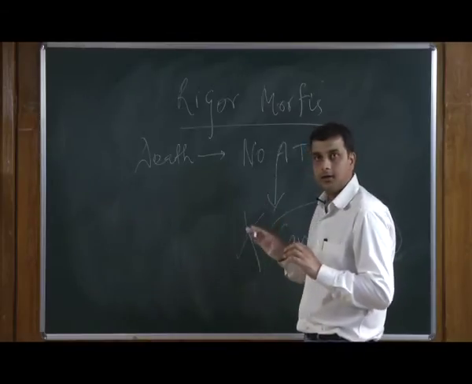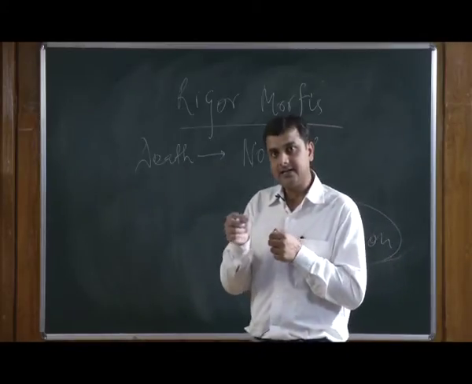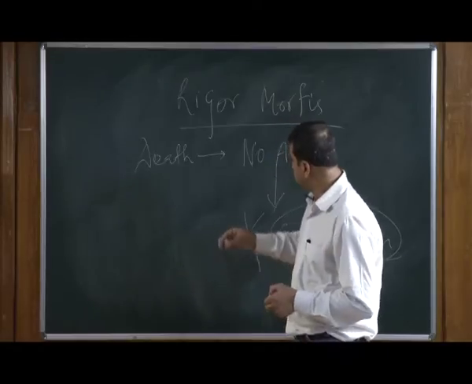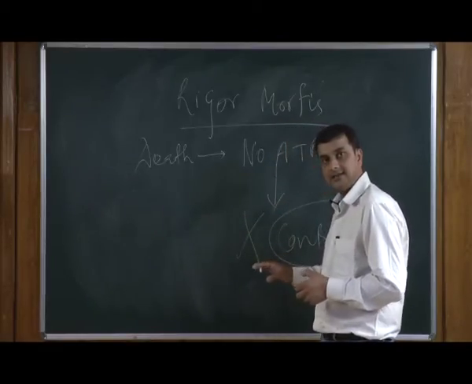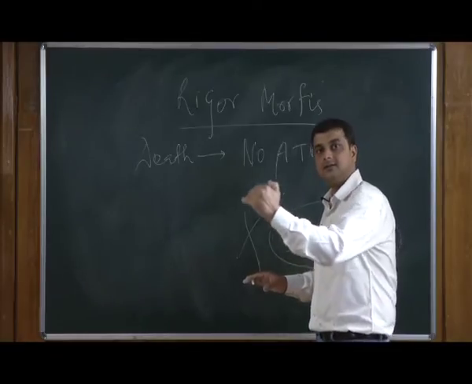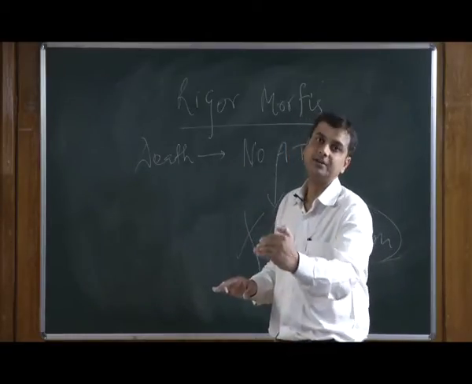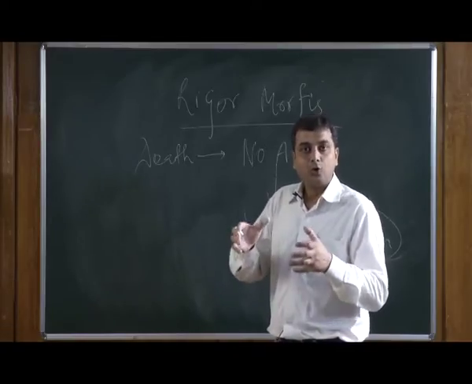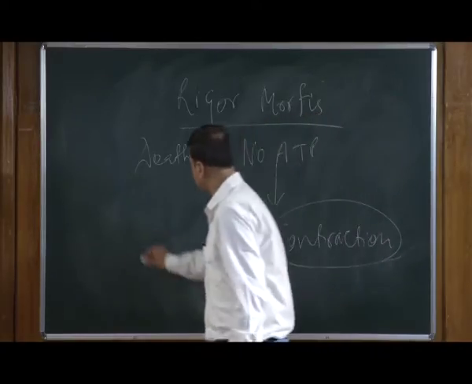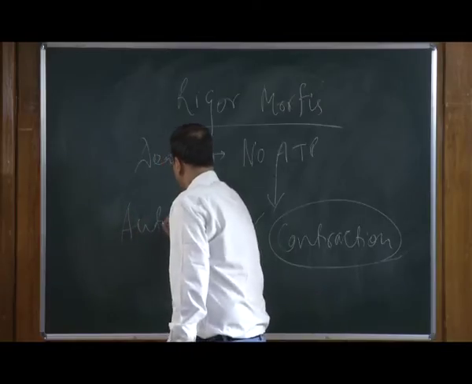We have to understand this from a different perspective also, because this is the normal physiological process. Once the body has contracted, after a certain period of time, after 15 to 25 hours, based on the temperature, the autolytic activity, we can call it autolysis.